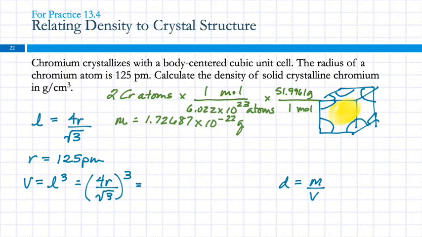Again, they give the radius in picometers, and then they're asking for information in cubic centimeters. So the radius is 125 picometers. That's 125 times 10 to the minus 12 meters. And convert that to centimeters. You can do this on your calculator.